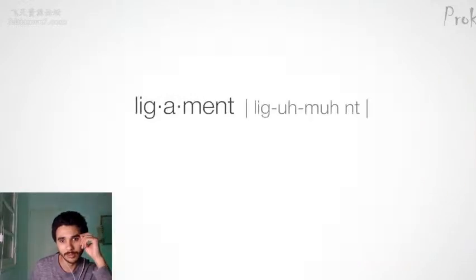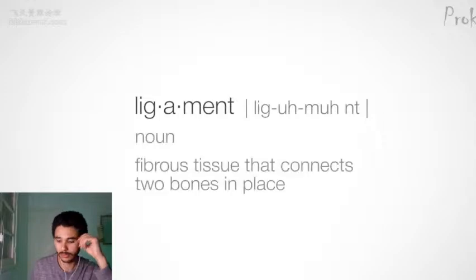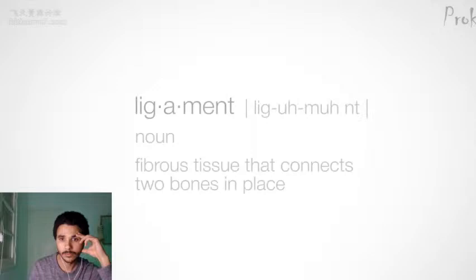The first is ligaments, which are tissue connecting bone to bone. They hold the bones together and sometimes prevent them from rotating in certain directions.